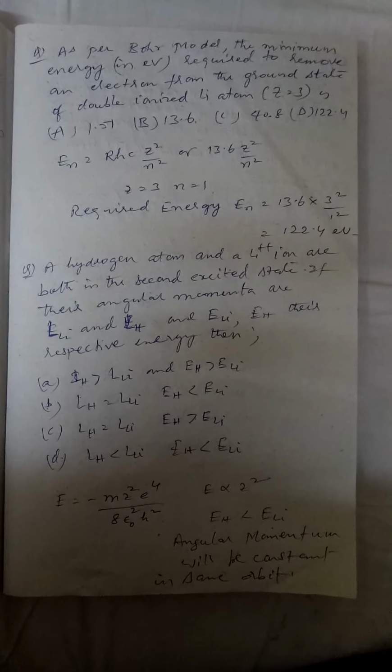Alright, but this total energy is a negative number. So if you talk about the energy as a mathematical figure, what is happening is EH is less than ELi. Okay, look at option B. Angular momentum is equal, whereas energy of the hydrogen atom is less than energy of the lithium atom. Okay, option B is the right answer.